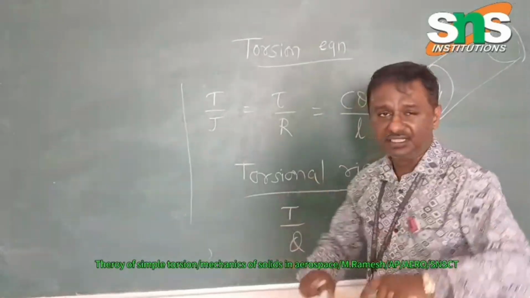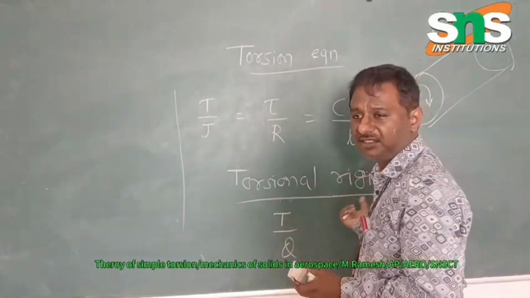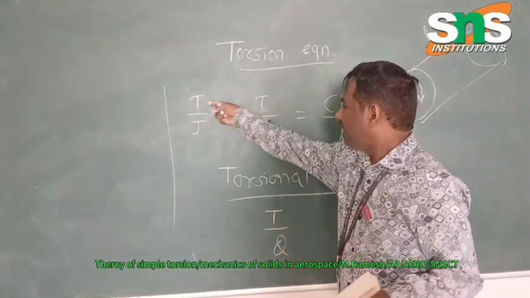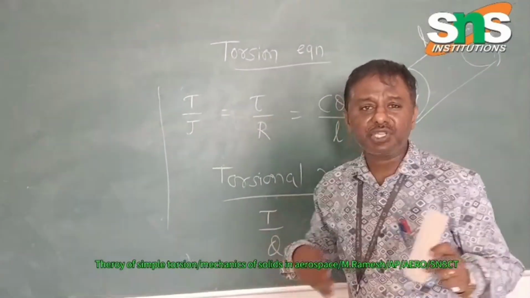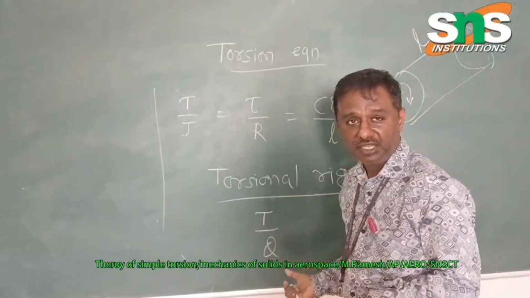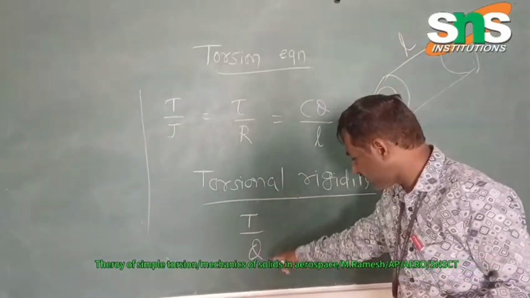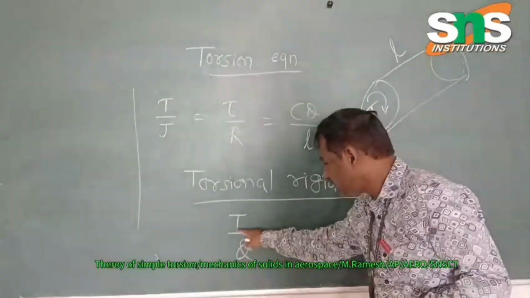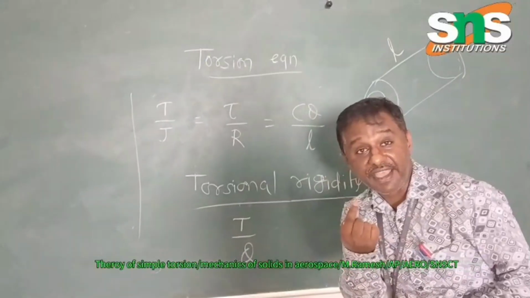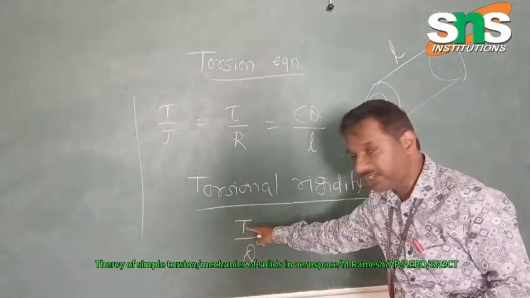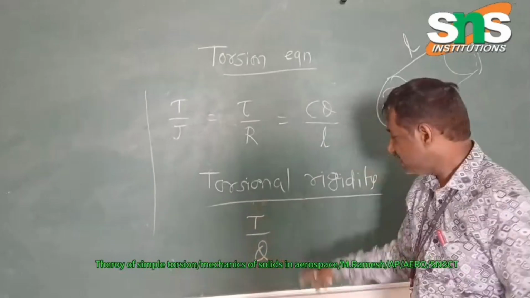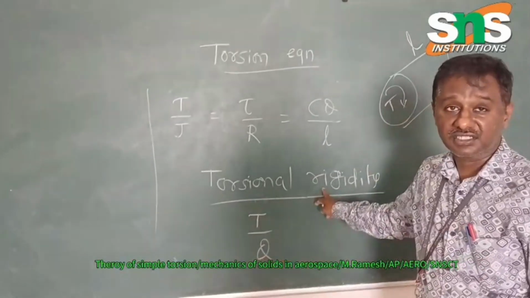But in torsion, angular deformation is very difficult to attain by giving the torque. If it is rigid, you have to give more torque so that the angular deformation will be produced. So we can define it as the amount of torque required to produce 1 unit of angular deformation. That is called the torsional rigidity.